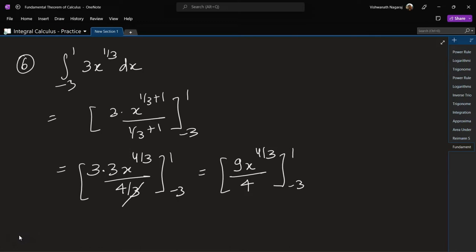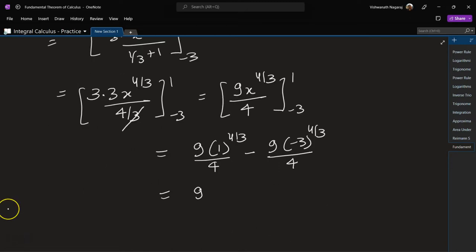substitutions. So this would be 9 1 to the power of 4 by 3 by 4 minus 9 minus 3 to the power of 4 by 3 by 4. This would be 9 by 4 minus, if we take out this minus, fourth power, so that becomes plus. So we leave it as minus.